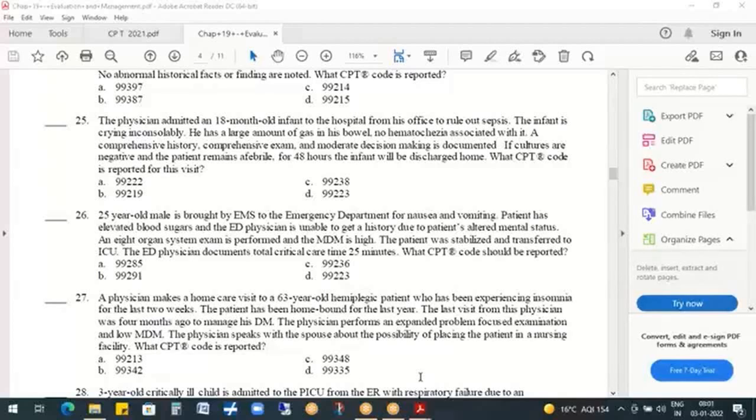Now, can you read the first line? The physician admitted an 18-month-old infant to the hospital from his office to rule out sepsis. That means the initial location is office. That means outpatient. From there, the physician admitted him into hospital.